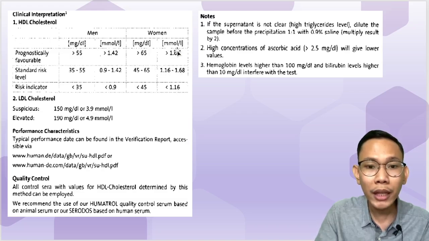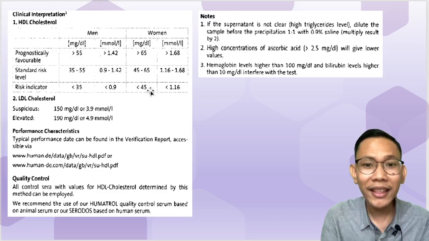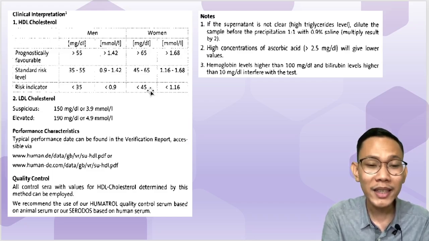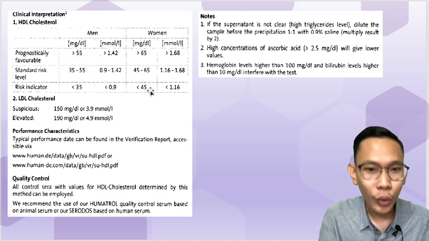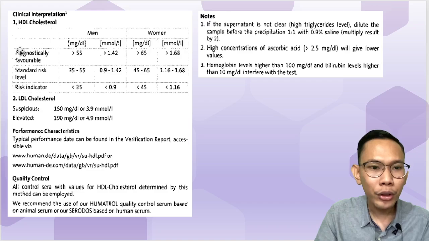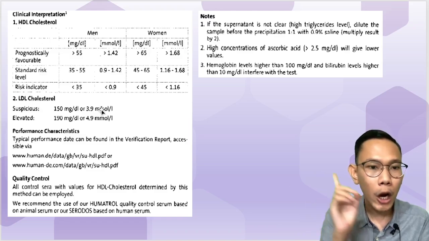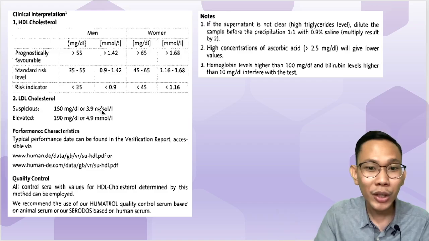But if it's more than 1.68, it's a favorable level. Remember your HDL, the greater the HDL, the better for our heart, because HDL is the good cholesterol. That's why we want a higher result. It's prognostically favorable. If HDL is low, it's a great risk indicator. But our patient is still at the boundary. 1.67, standard risk level. So please remember that.